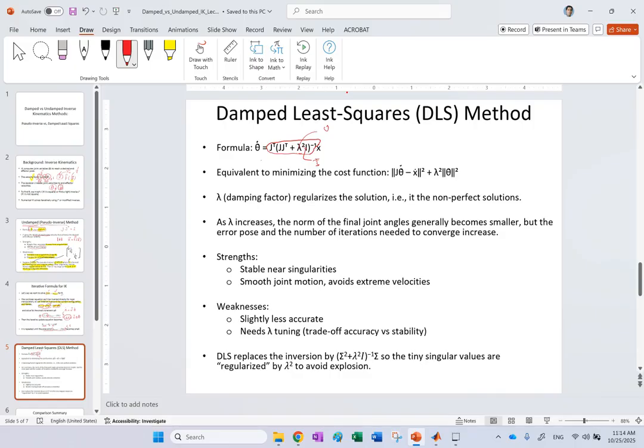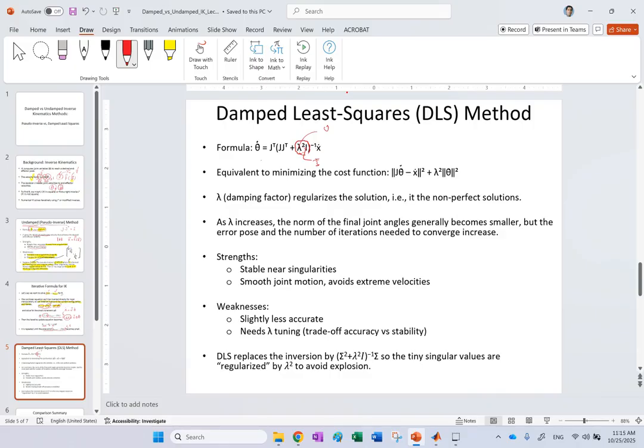Okay, and you might say, well, remember that this is not going to give you the perfect solution because you are really adding something here, right? So the result of this is not supposed to be as accurate as the pseudo-inverse, because that exactly gives you the relation. This one you're kind of manipulating, adding something in so that this pseudo-inverse always exists, but at the price of a little bit less accuracy.